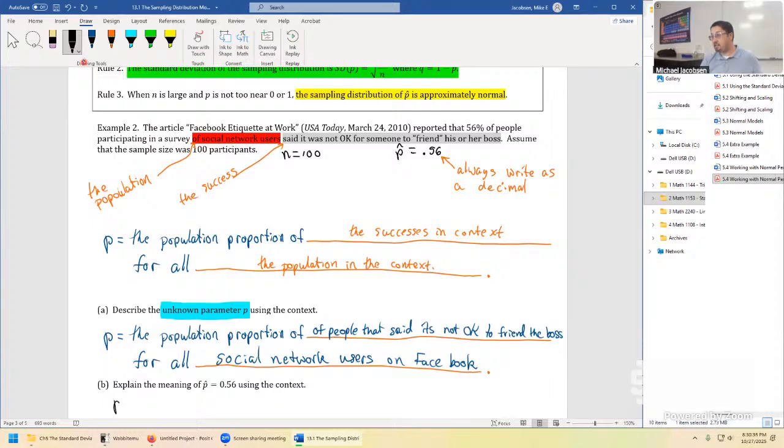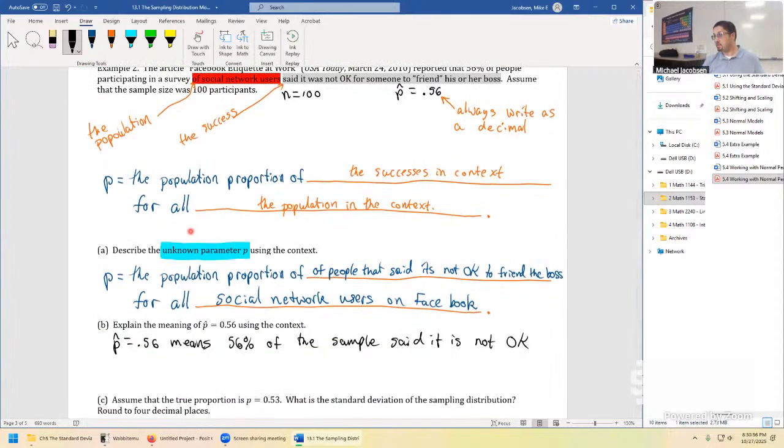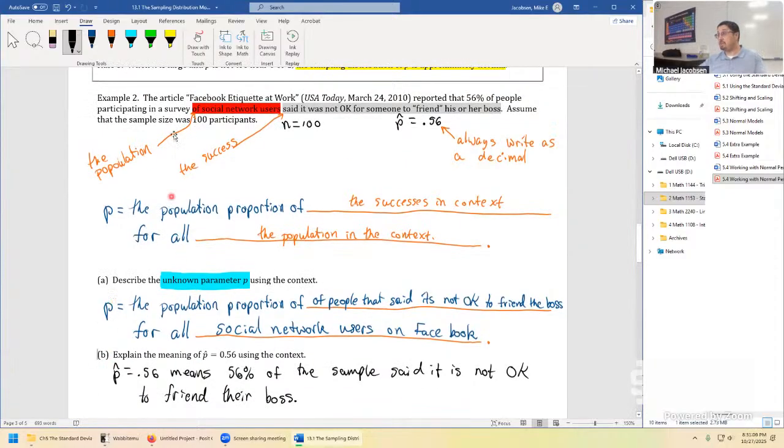So we can say here, p hat equals 0.56 means 56% of the sample said it is not okay to friend their boss. It doesn't say 56% of the population, it's just the actual sample they used, which was 100 participants.